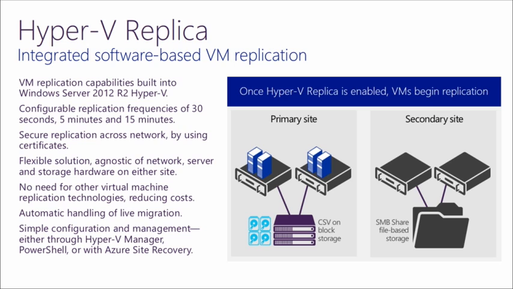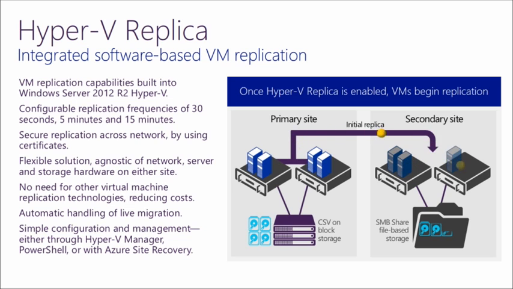The beauty of this is it's very simple, very efficient, and enables me to fail over in the event of a disaster. If my primary site gets hit after the replication has taken place, I can bring those workloads up on the secondary site. And it's just replicating the delta changes each time, not full copies of the virtual disk. Once the initial replication is done, we're just doing the changes.